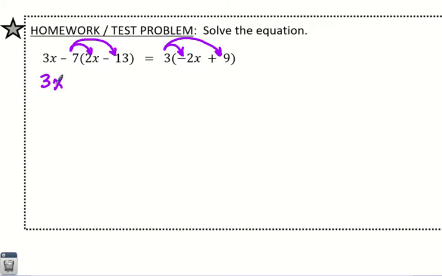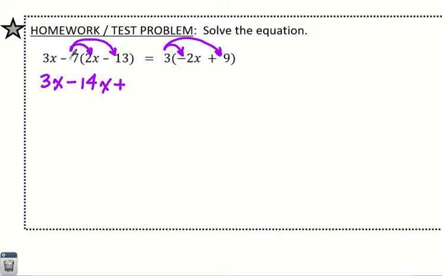So -7 times 2x is minus 14x. -7 times -13 is, oh my gosh, I'm going to do this in my head, 91, positive 91. Yeah, I'm going to take a gamble and not double check with a calculator, even though you probably should when you're not 1,000% positive.